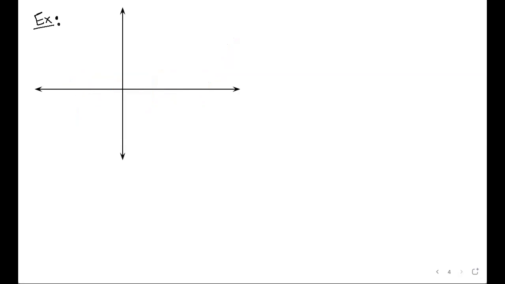So the graph looks like this. A, B, C, D, F, G. This is my A, sorry.